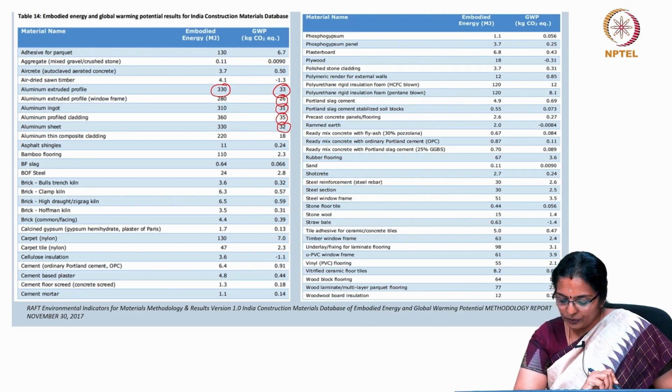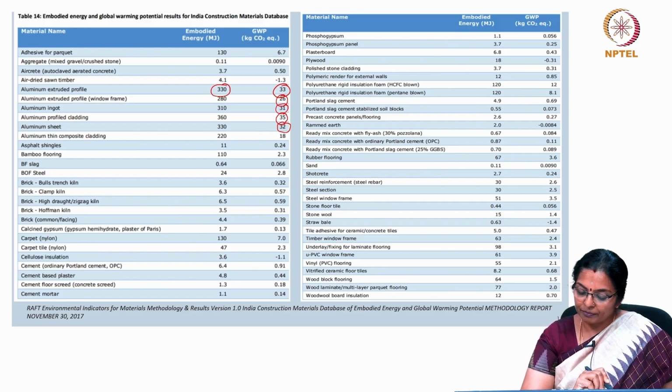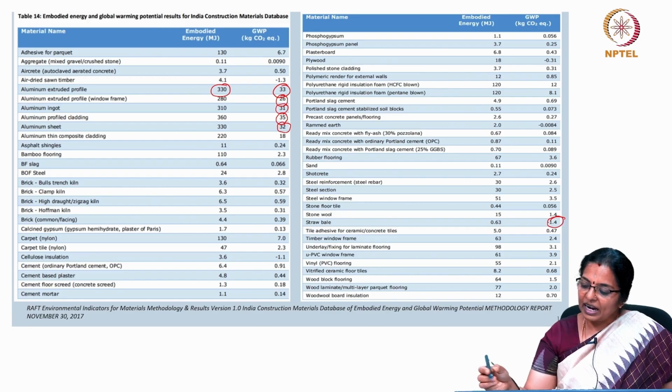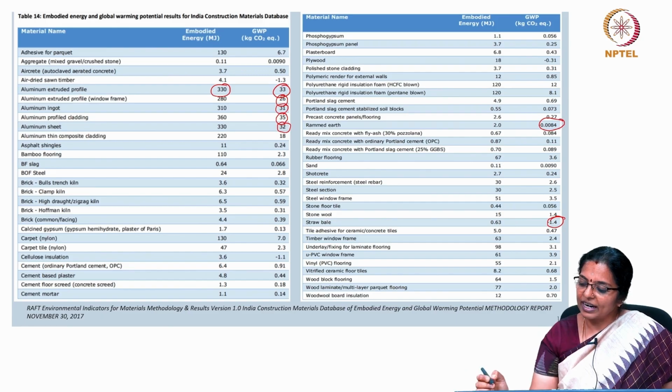and the ones which are low on global warming potential, straw bale is minus 1.4 and rammed earth is minus 0.084.